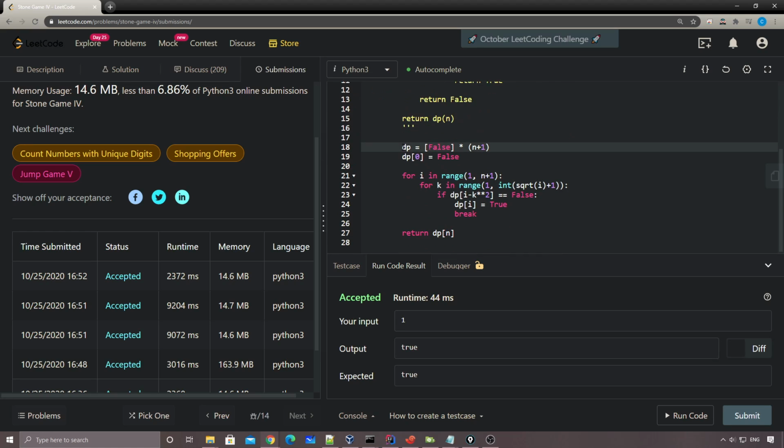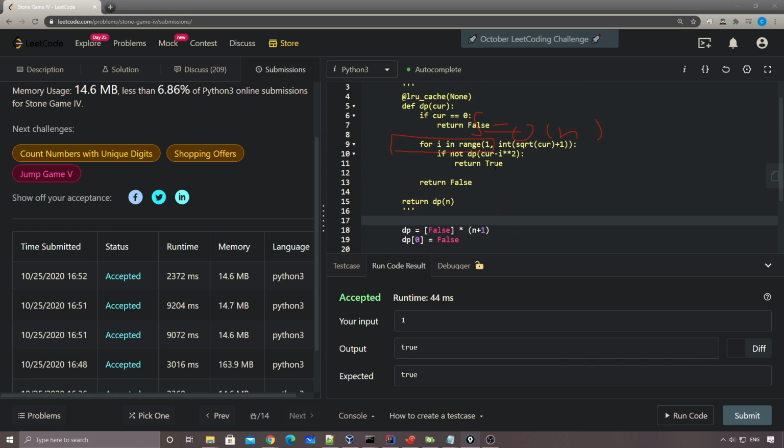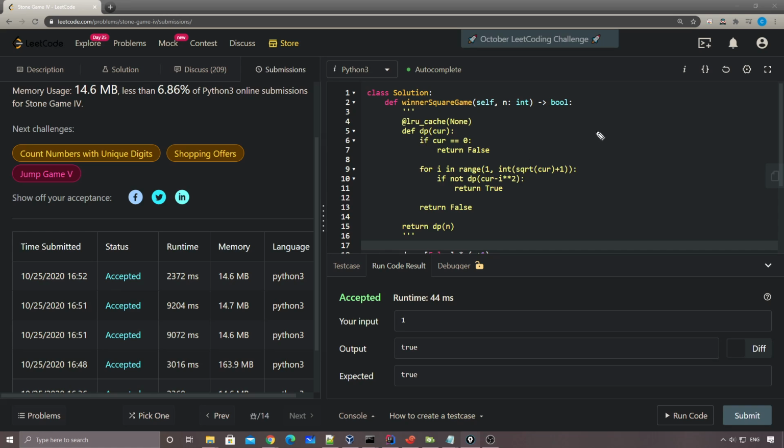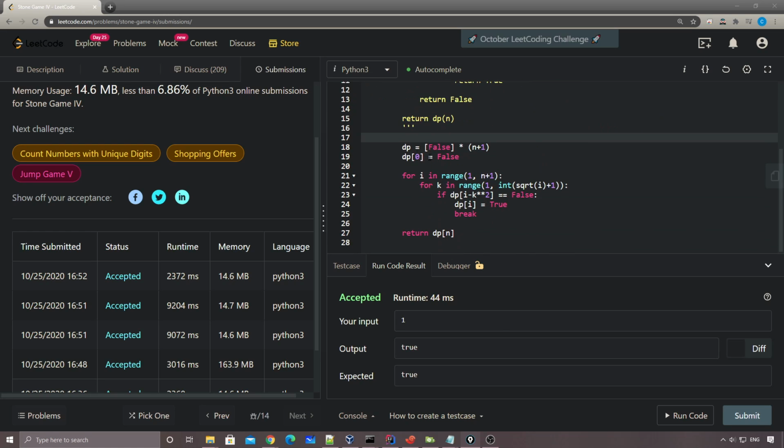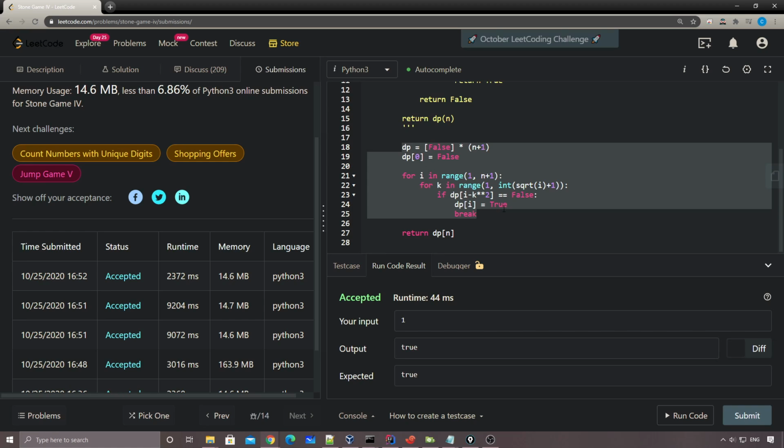While in the bottom up solution, all we need is this dp array, which is O of n space. Even though in theory the top down is O of n, in reality it's much more than O of n, because we didn't count the space we need to keep the state of each recursive call. That's why, if we can, we should use bottom up, because it's much more space efficient.